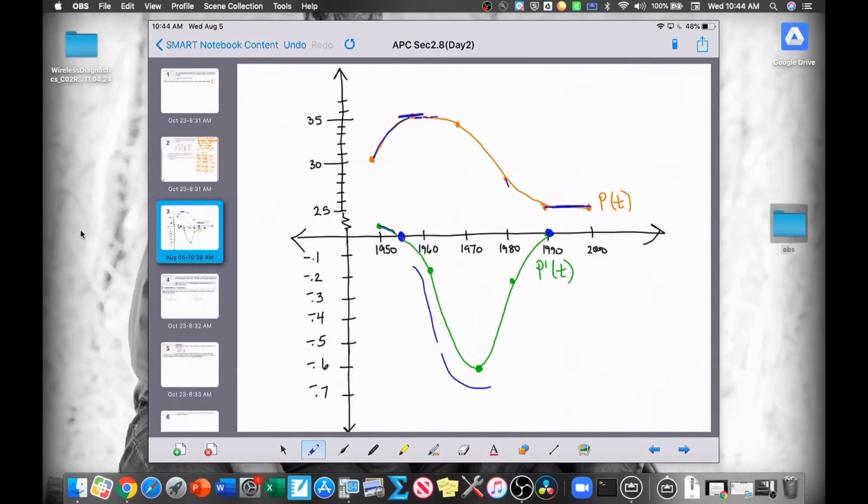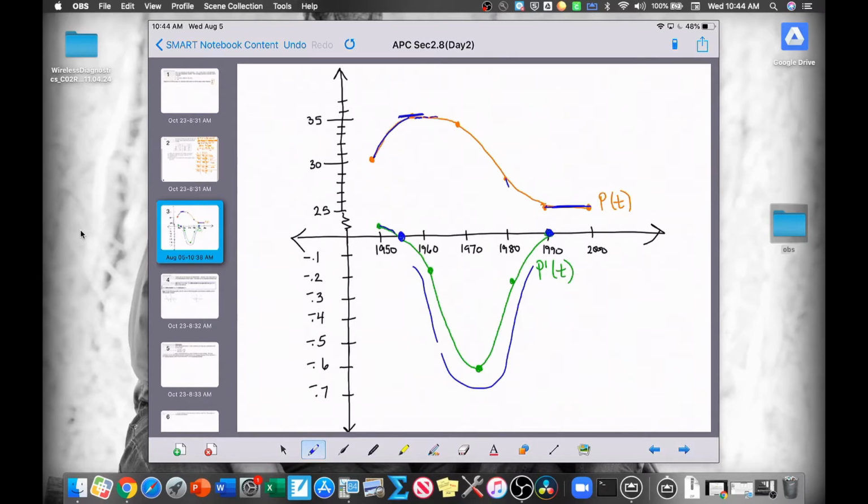So the remainder of my derivative curve is always below 0 because my original function is decreasing. And of course, the shape of the curves come from the rate at which it is either increasing or the rate at which it is decreasing.